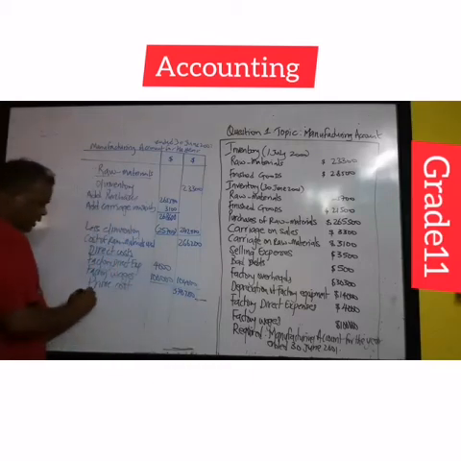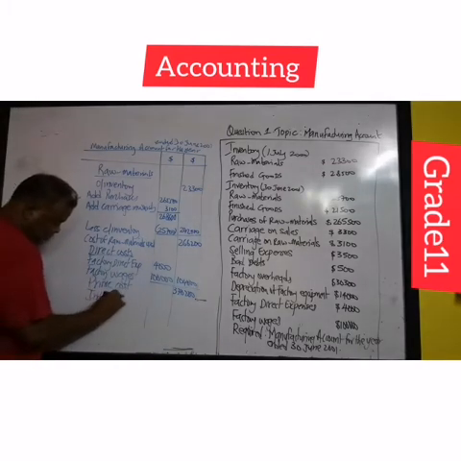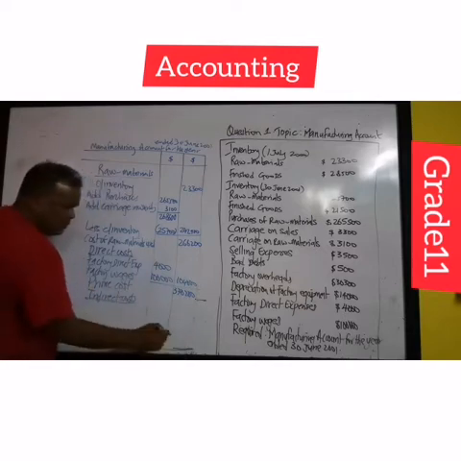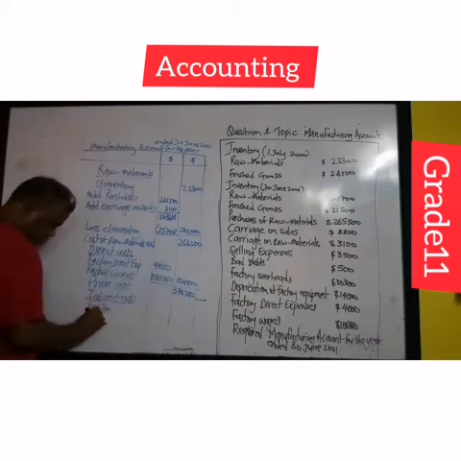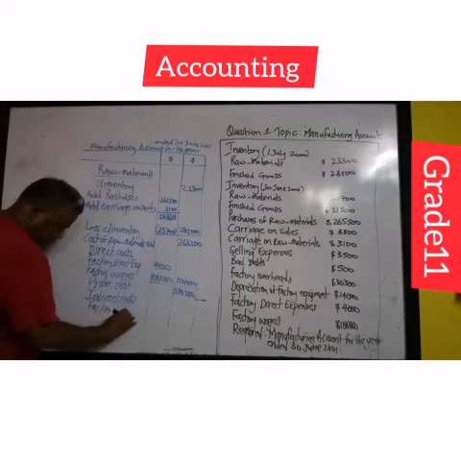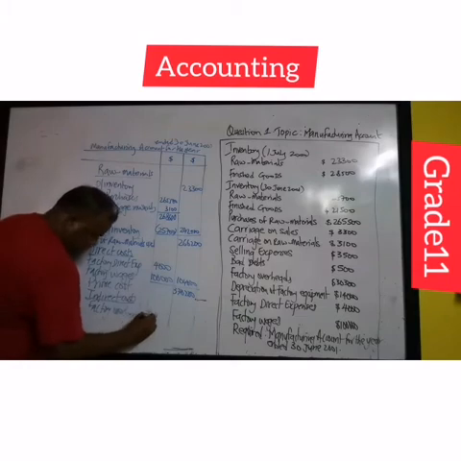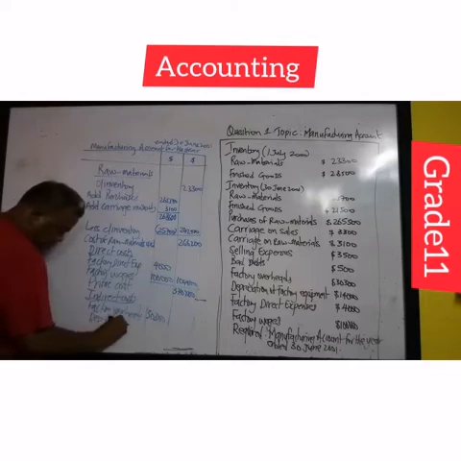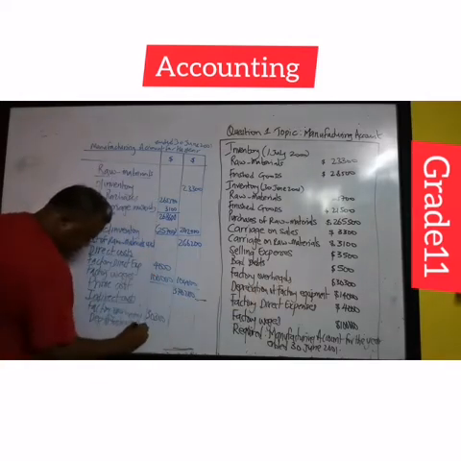Then we will have indirect costs. We underline indirect costs. We will have factory overheads, 30,300. And then we have depreciation of factory equipment, 14,000.